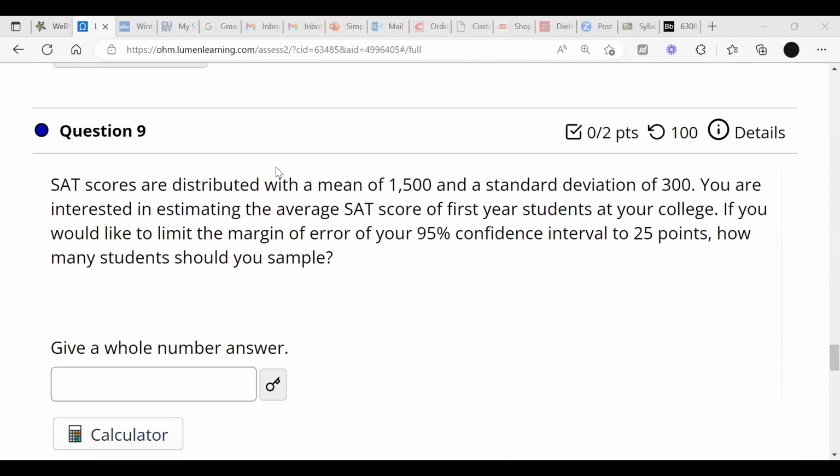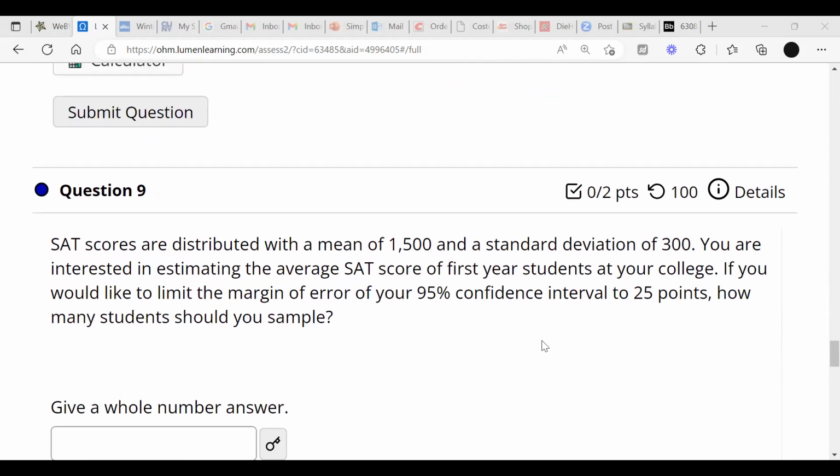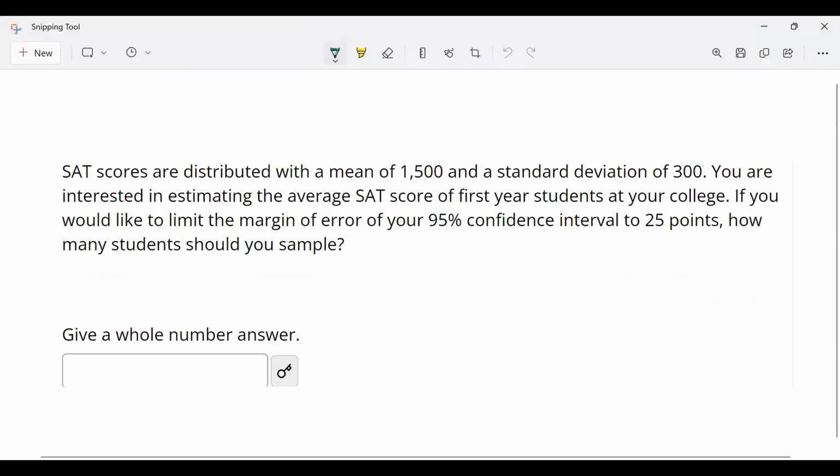I'll go over this one. It looks slightly different. All right, so this is about SAT scores. SAT score is distributed with a population mean of 1500, and the population standard deviation is 300.